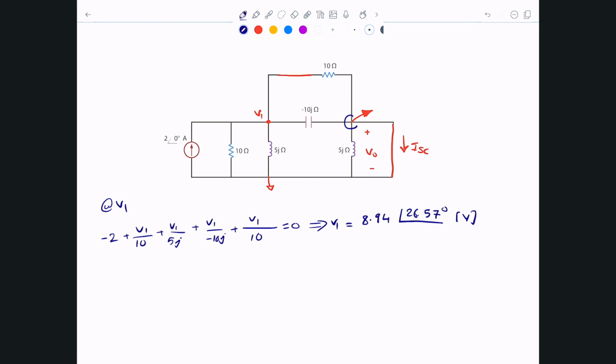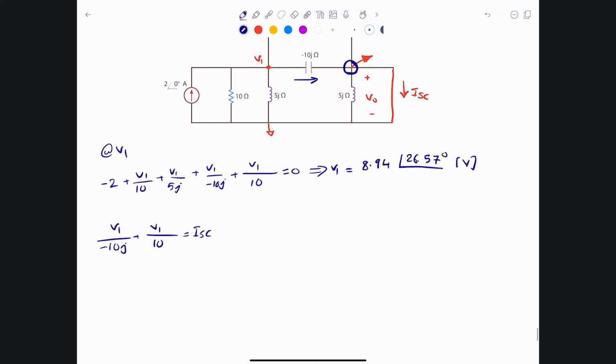I'll write KCL at this particular node in here, okay? And this KCL will tell me it's V1 divided by -10J plus V1 divided by 10. That basically is this current plus this current should be equal to I short circuit that I'm looking for. But we already know what V1 is, so that tells me what I short circuit is.